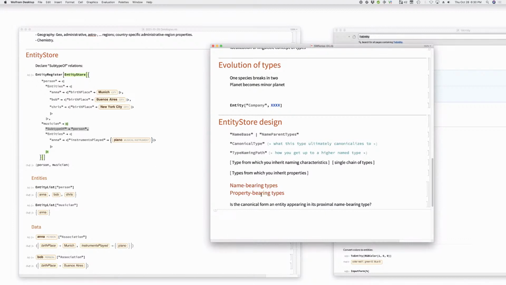Because property names are not distinct except within a given property-bearing type. Correct? So really the only role that this has is to say, I don't understand what role that has. Is what that's doing to associate this Anna with that Anna here?